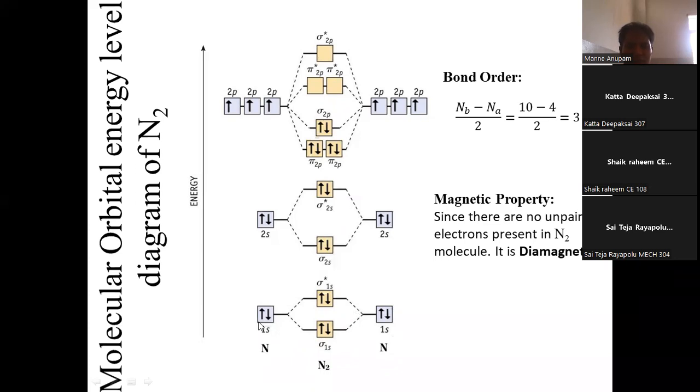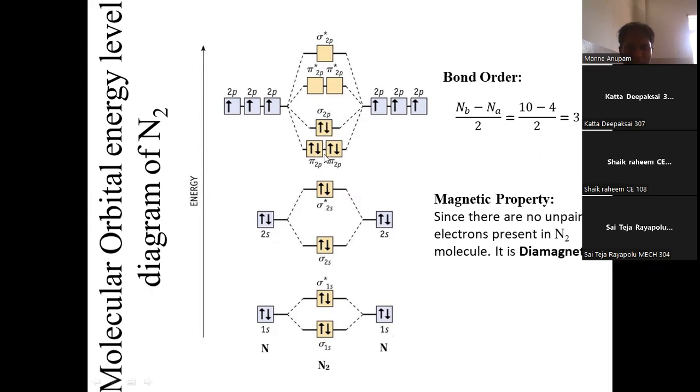Now here we can see that 1s and 1s, what are these 1s and 1s? Atomic orbitals. They are combining to form sigma 1s and sigma star 1s. 2s and 2s atomic orbitals are combining to form sigma 2s and sigma star 2s. 2p atomic orbitals are combining to form sigma 2p, pi 2p.